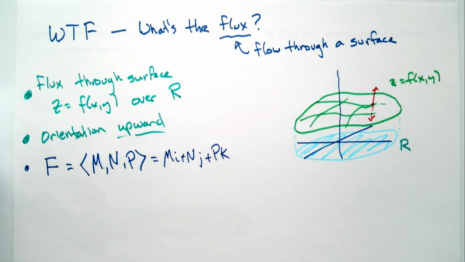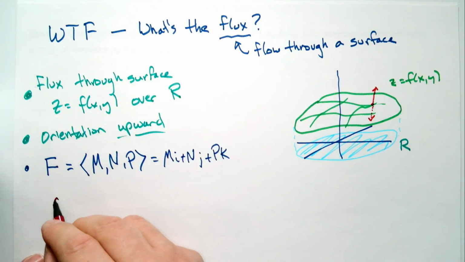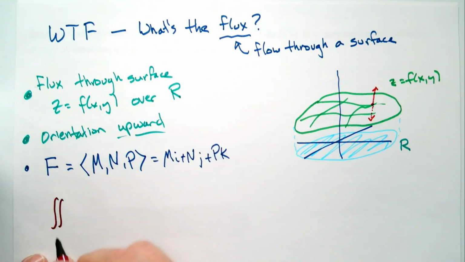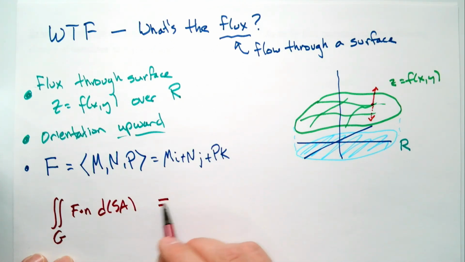Now, if you have all this information, then the answer to how do you find the flux, the formula that we throw around to be theoretical, is the surface integral of F dot n dS. But that's not how you actually use it.